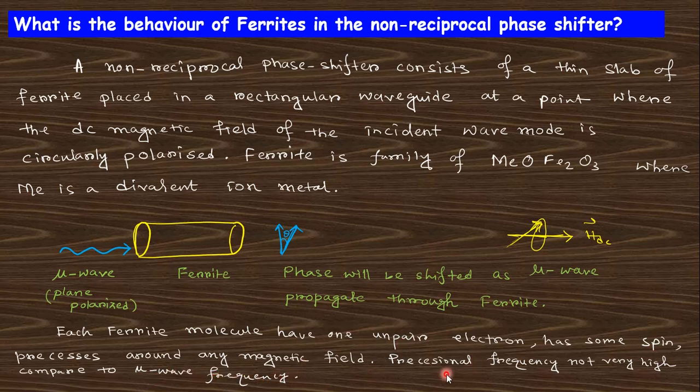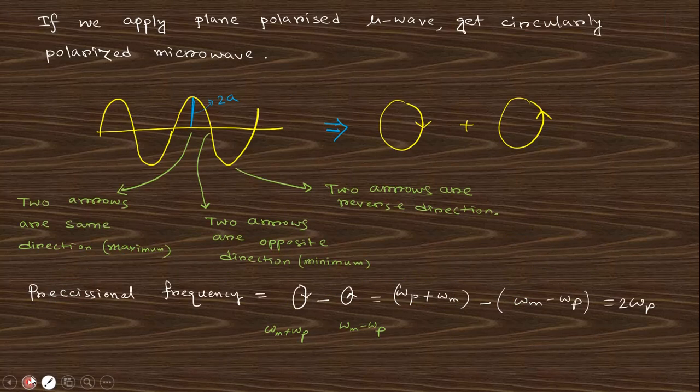This is a basic property. So when the two arrows are in the same direction, in this region, that is the maximum. Here they are opposite and equal, so it is zero. And here they are in the reverse direction, that is the reverse maximum.